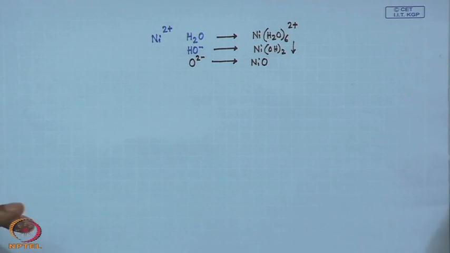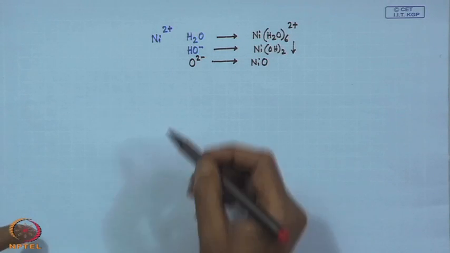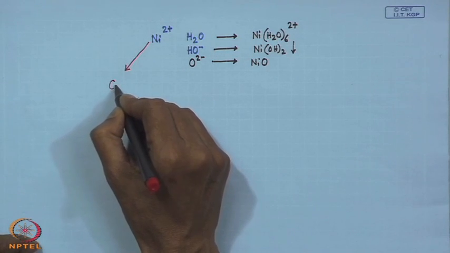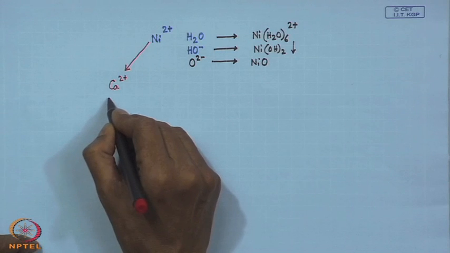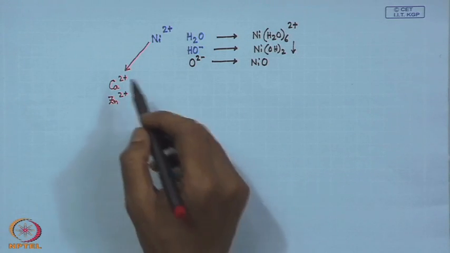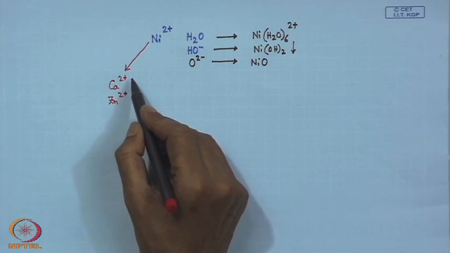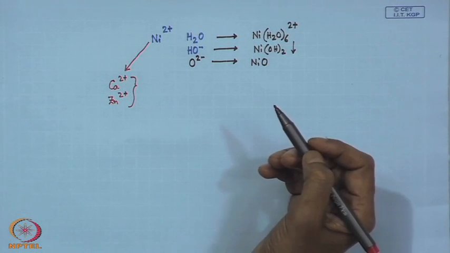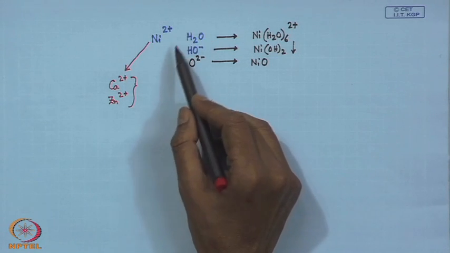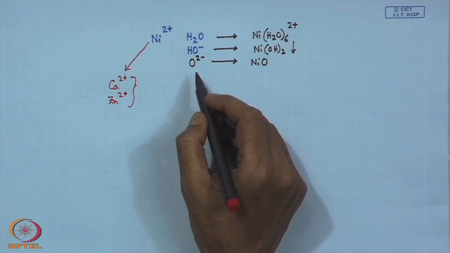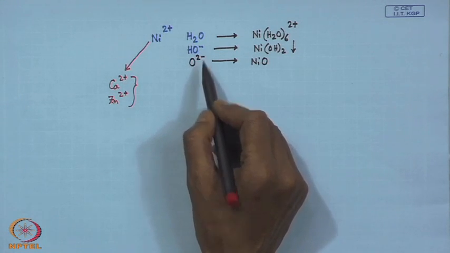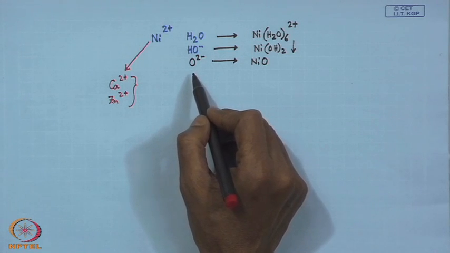So, if we change these environments and compare this nickel 2 ion with calcium 2 plus or zinc 2 plus, because these two ions without having any d electron can interact with these molecules or some other ligand groups in a similar fashion, where they can also interact with the water molecule, they can give rise to the corresponding hydroxides as well as oxides.